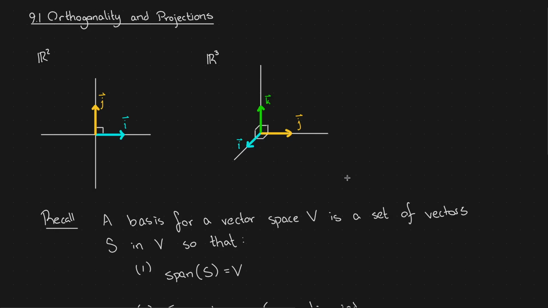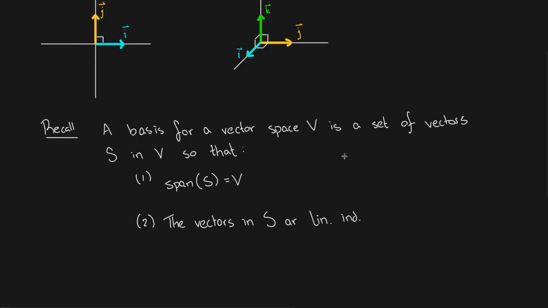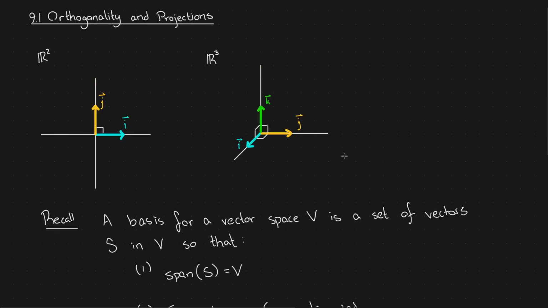Those extra properties, not just that they're a basis, but that they are an orthogonal set of vectors and that they are all unit vectors, lead to some very nice properties.